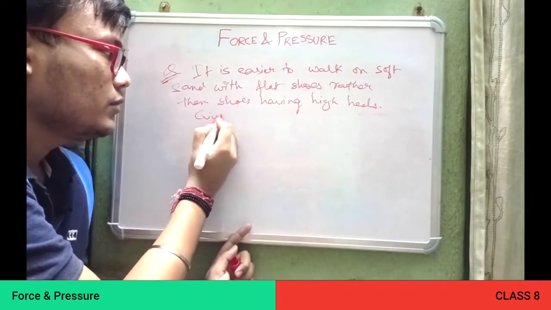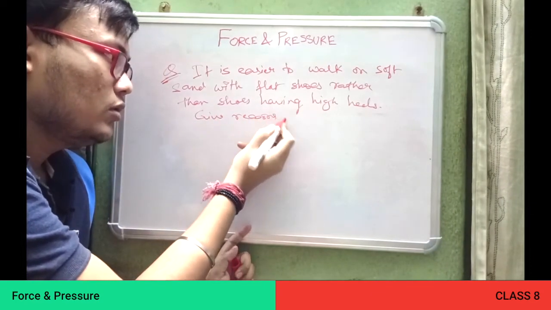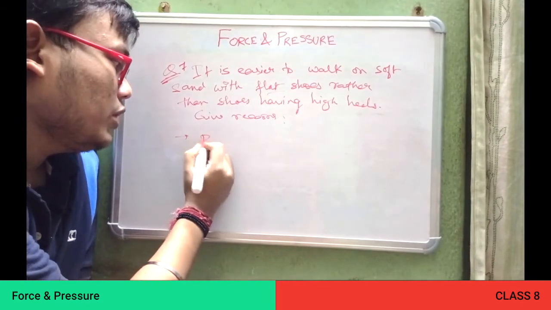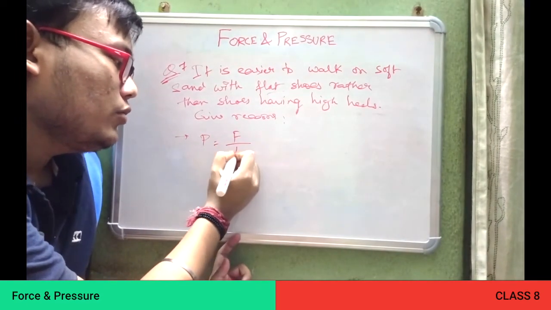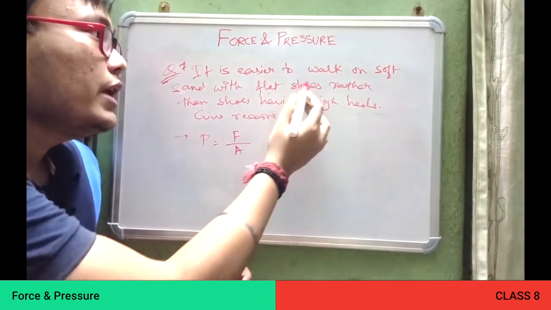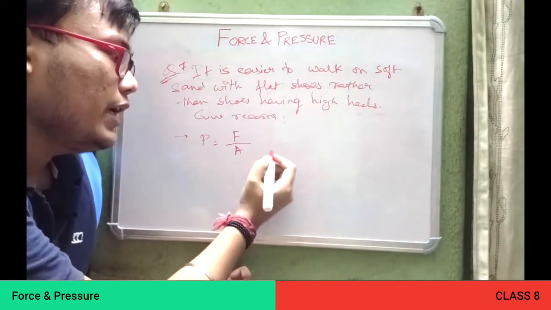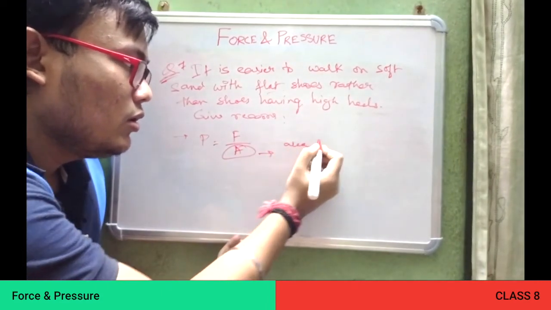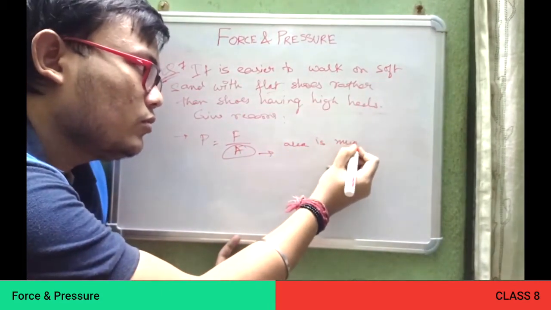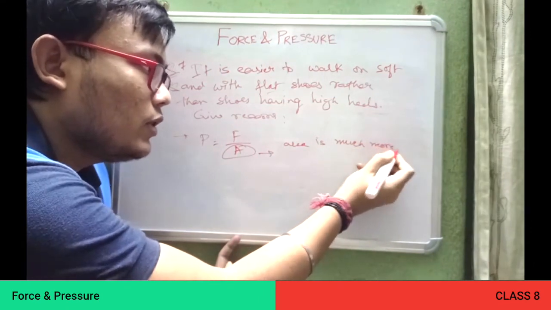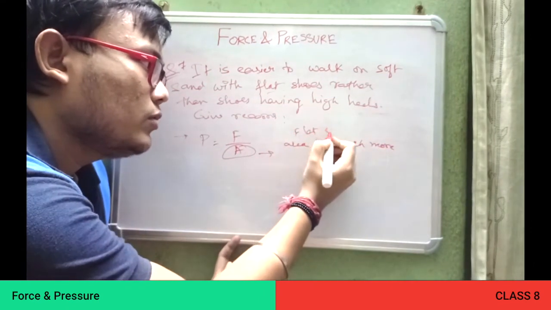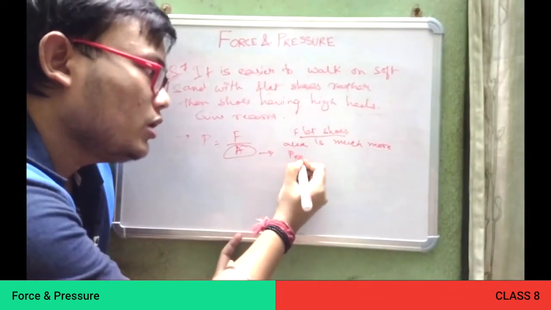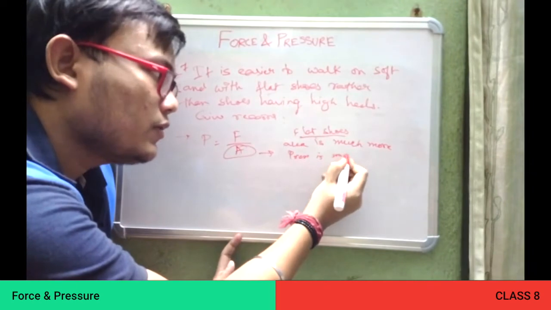Give reasons. So we know the relation of pressure: pressure is equal to force per unit area. In case of flat shoes, the area is much more, so the pressure is much less.